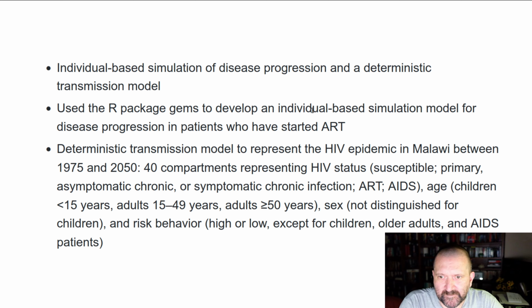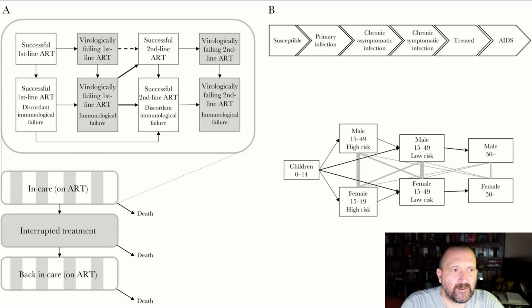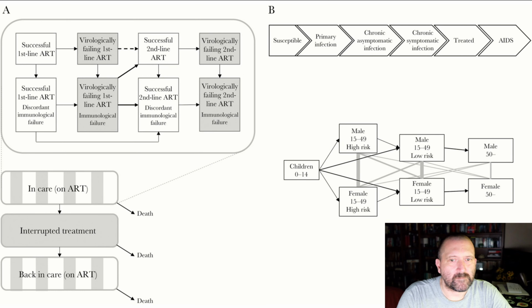Okay, so they've got a bunch of compartments in the deterministic model that looks at the HIV status, and then they have an ABM to describe how people go through the different stages of HIV. I was trying to collect a few papers that I found interesting.